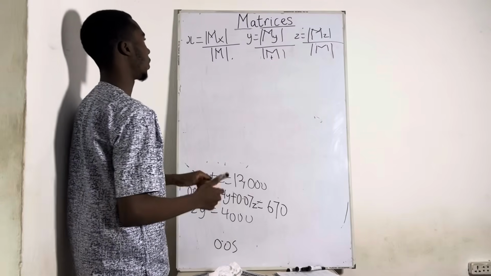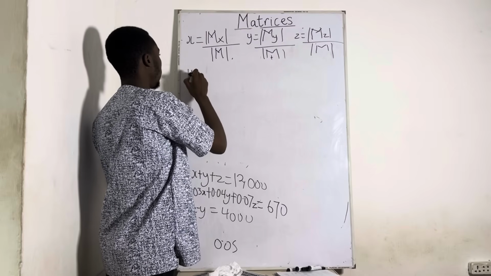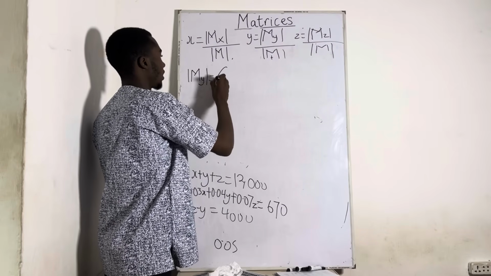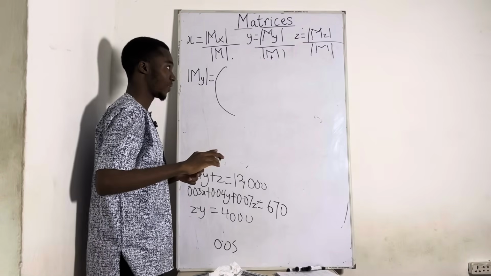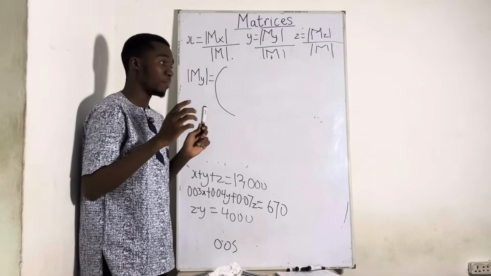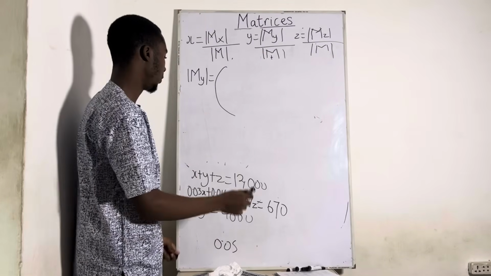So now let's move on to our Y. So for our Y, we first need to find the determinant of the matrix Y. You get it? And just like I was saying earlier, when you are finding the determinant of the matrix Y, whatever you are finding for, if it's Y, you replace the Y values by what is after the equal to sign. You get it? So we are going to replace the Y value.